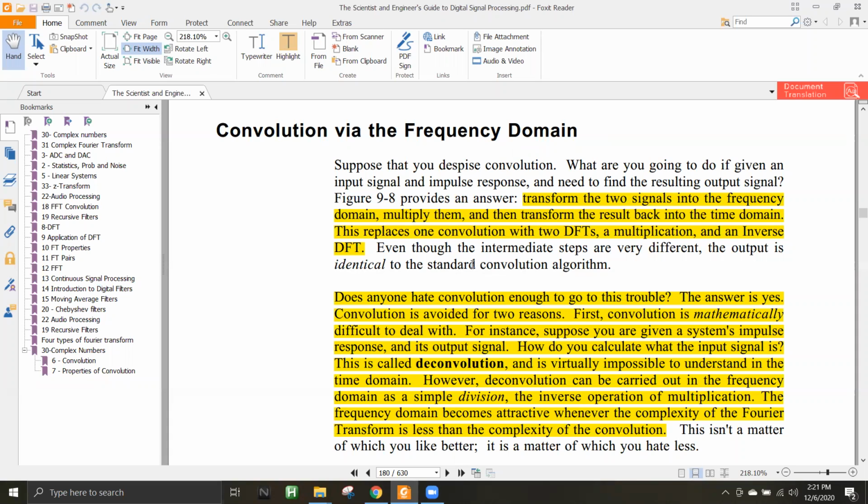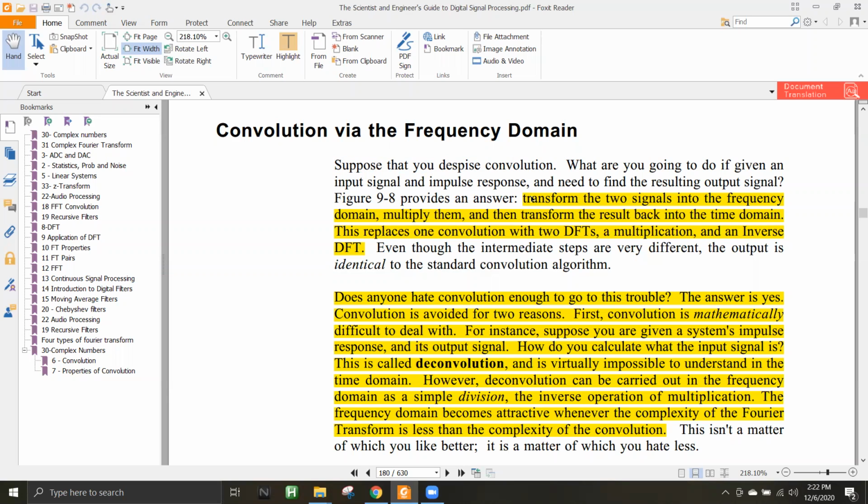So the main idea here is to convert the task of convolution into multiplication. It starts off with this scenario that somebody despises convolution, probably because it is very tedious and complex to carry out. So suppose you despise convolution, and you want to make it so that you don't have to do convolution.